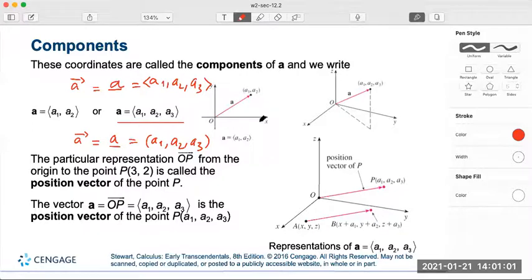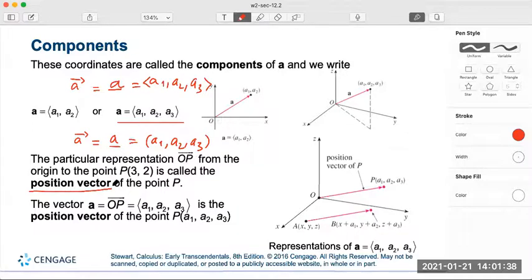This is a visualization in 2D. In 2D, the plane O, X, Y, the vector from the origin to this point, A1, A2, is defined as this one. But in 3D, it's more general. Okay, like this. And here it is very important that the point P(3, 2) here is the position vector.